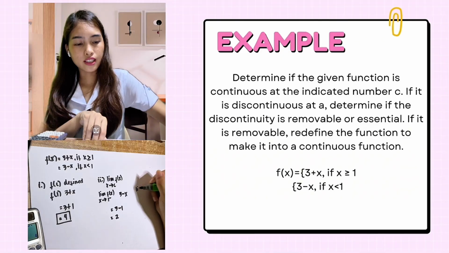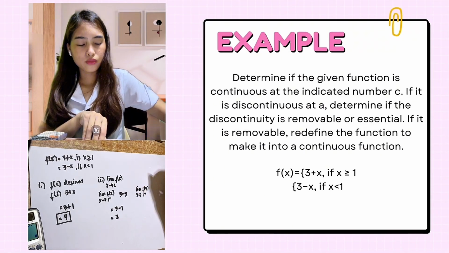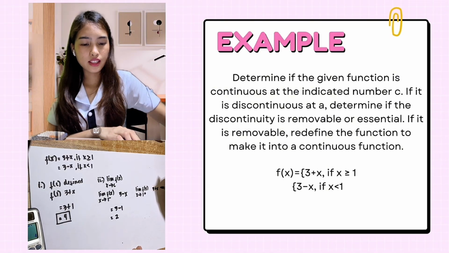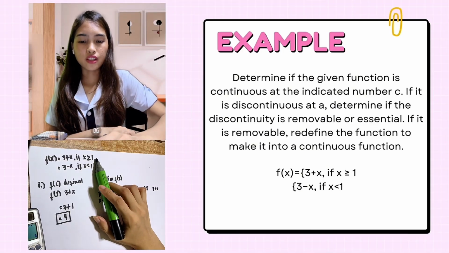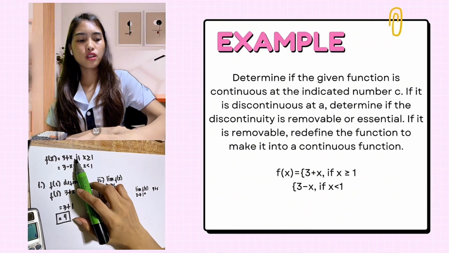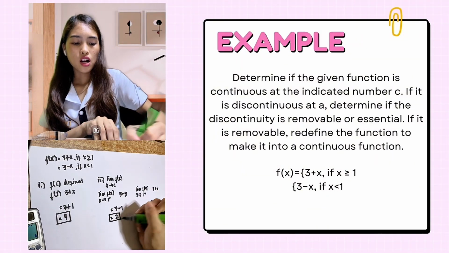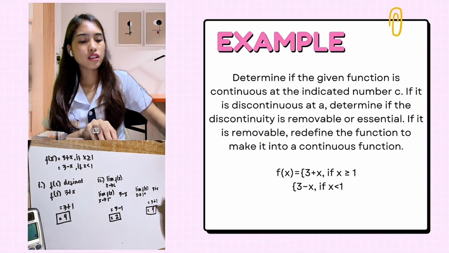And the right hand limit as x approaches 1 from the right, 3 plus x. Since our x is approaching 1 from the right, x is greater than 1. So our f of x is 3 plus x. So let's input our x. 3 plus 1 is equal to 4. Our limit does not exist, because the right hand limit and the left hand limit are not equal.